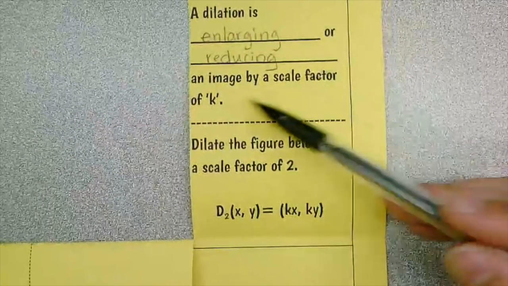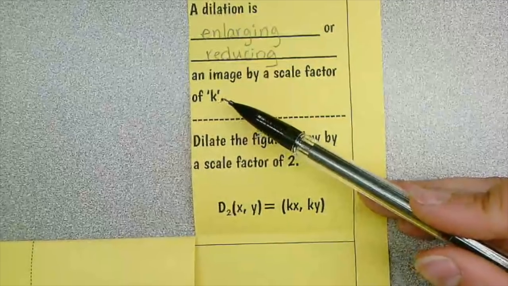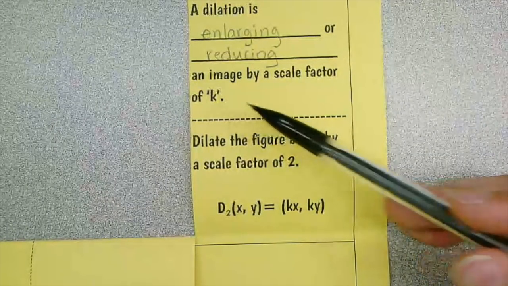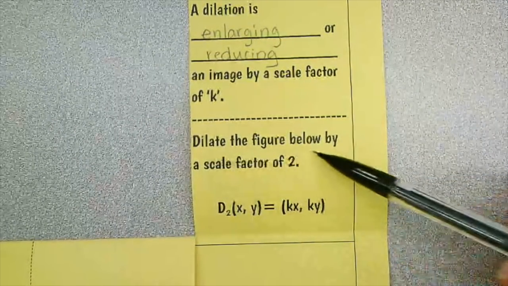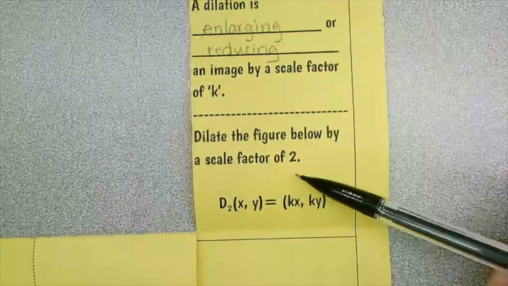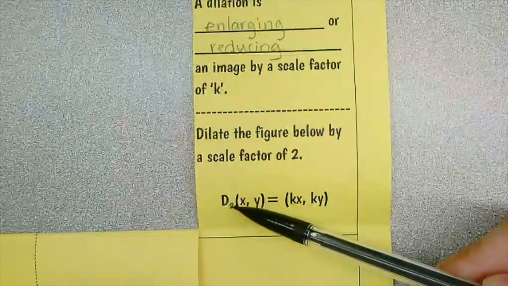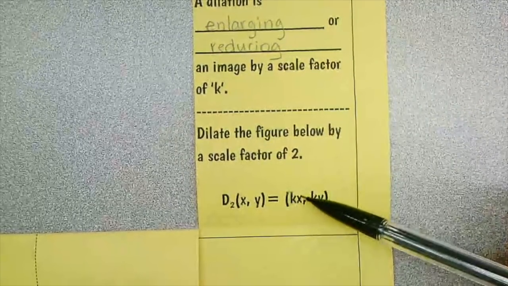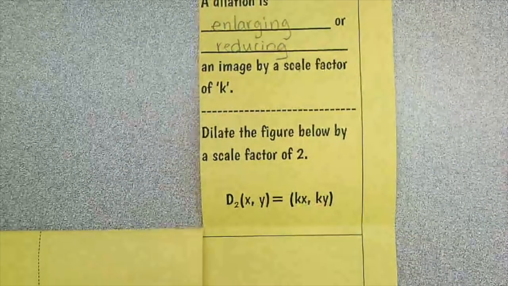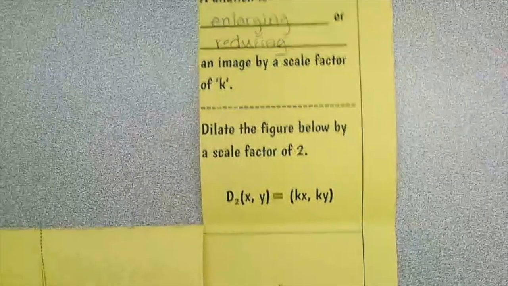And here our scale factor of k, that's just telling us how much bigger or smaller that shape is going to be getting. So we're supposed to dilate the figure below by a scale factor of 2. Here's another way that that can be written, D for dilation, 2 would be the scale factor, and so each of the coordinates is just going to end up being multiplied by that value.